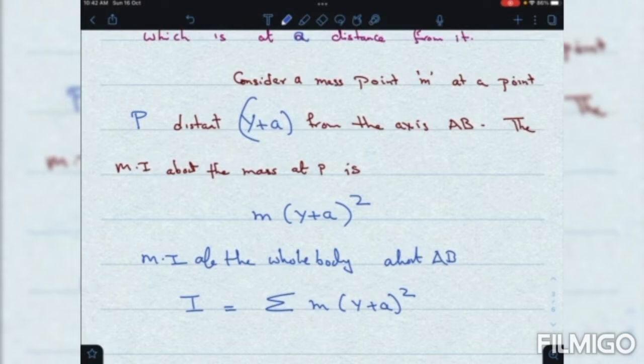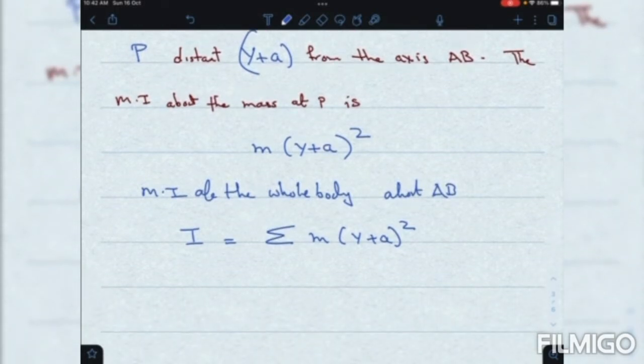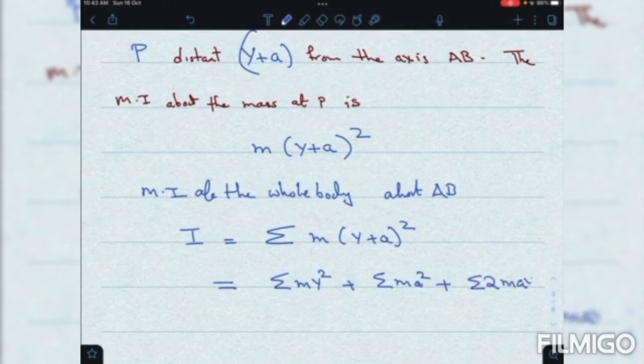Now we have to just evaluate this term. You know a plus b the whole square is a square plus b square plus 2ab. We employ that formula here and we get sigma m y square plus sigma m a square plus sigma 2m a y.